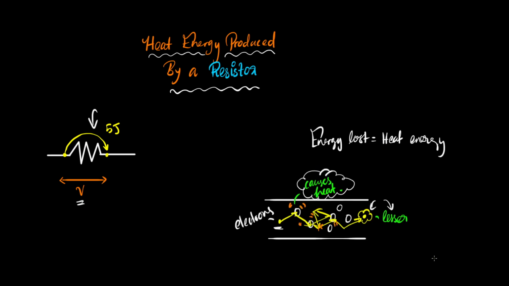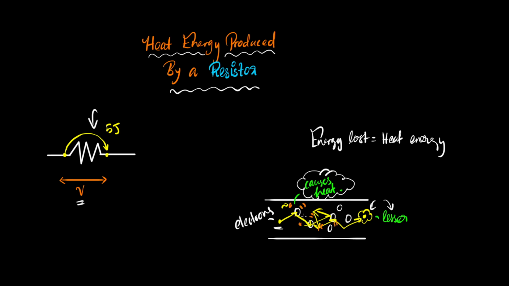Energy is transferred as heat. When electrons are on a collision course with the other atoms in the wire, they collide with those atoms, transferring the electron's energy to the atom and making the atom wiggle. So that energy is now producing a wiggle.